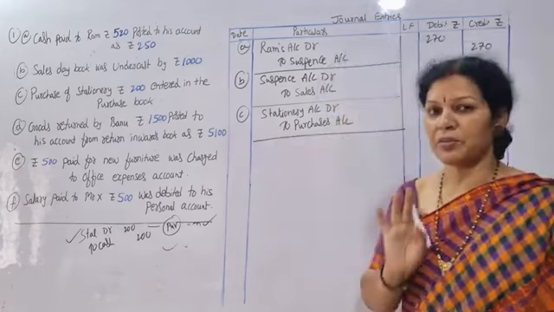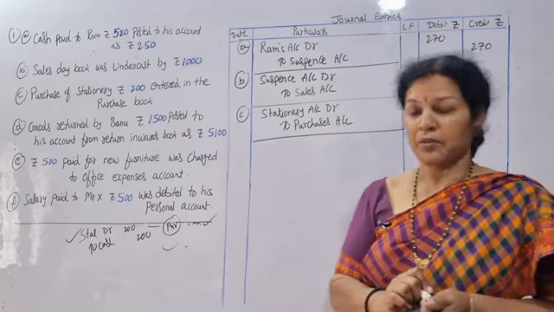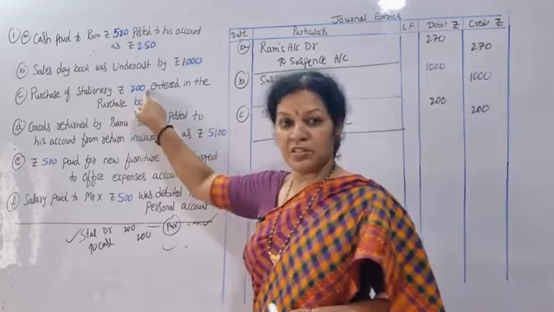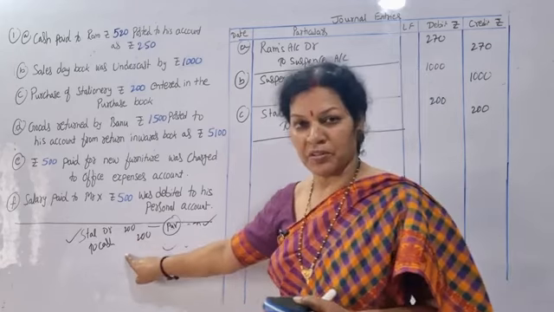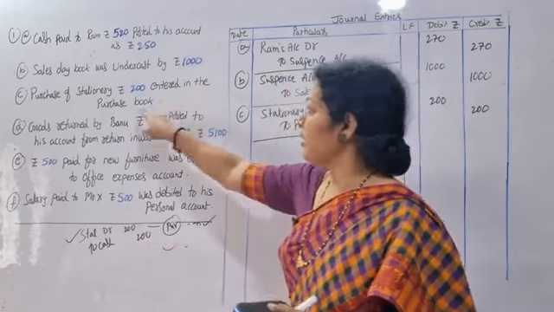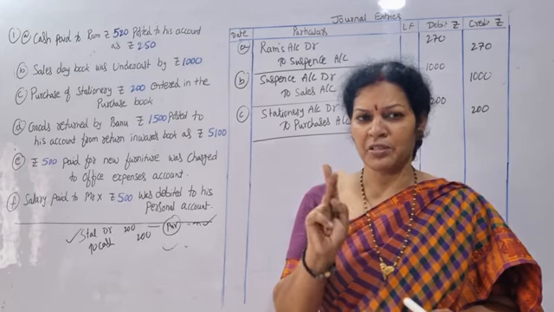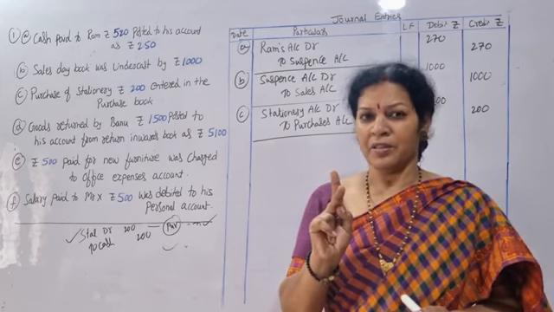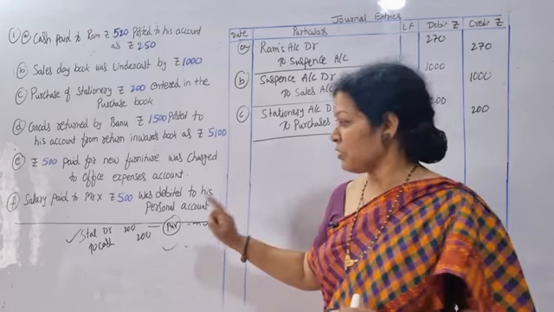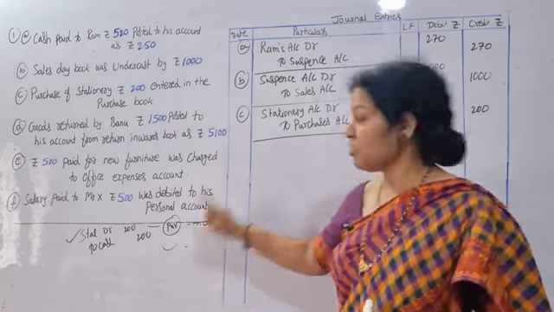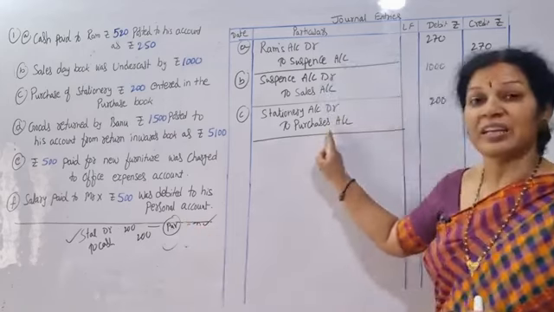Am I clear? First of all, I told you 3 steps. First one is identifying: purchasing stationery. What is the entry? Stationery account debit to cash account. What mistake have they done? Entered into the purchase book. Identified. Now rectifying. For cancellation, purchase book is sent to the credit side.